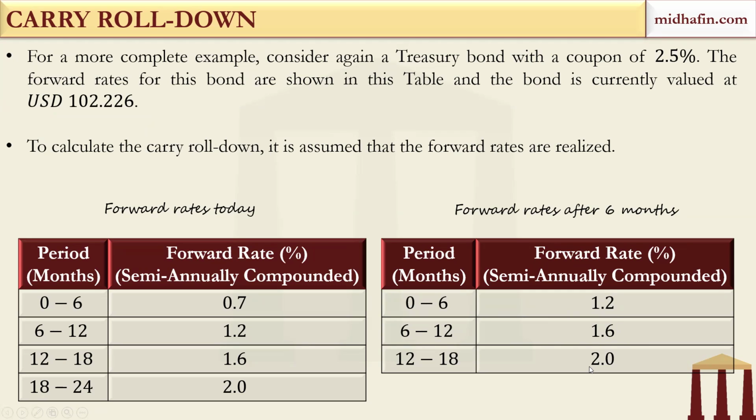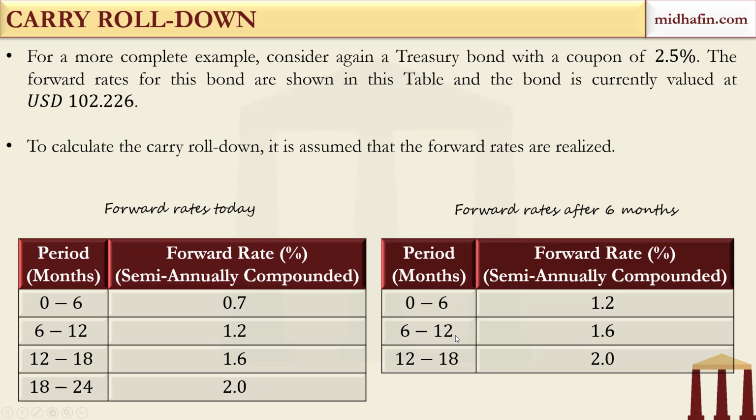If I had said that the forward rates are unchanged, then it would have meant that if today the 0 to 6 month forward rate is 0.7%, then after 6 months also the 0 to 6 month forward rate will be 0.7%. Okay. So when the forward rates are unchanged, last forward rate is discarded.